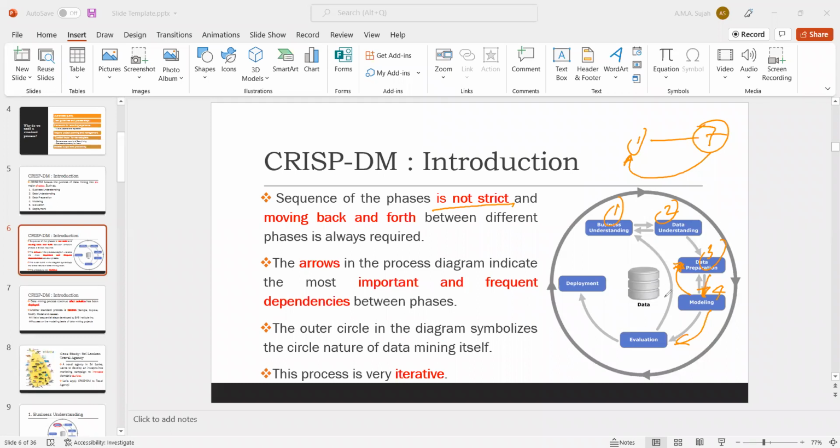Okay. The important thing is the arrow is very, very important. The arrow indicates the dependencies. This arrow says after the business understanding, you can do the data understanding. I already told you what will happen. You are following this as an initial phase. After the data understanding, you are trying to learn the domain.